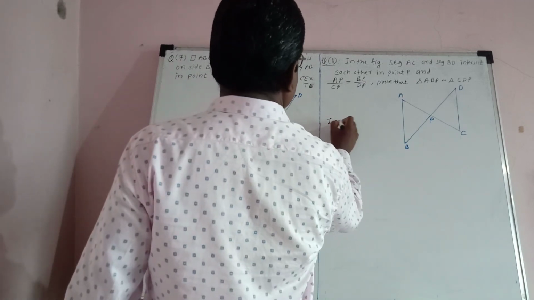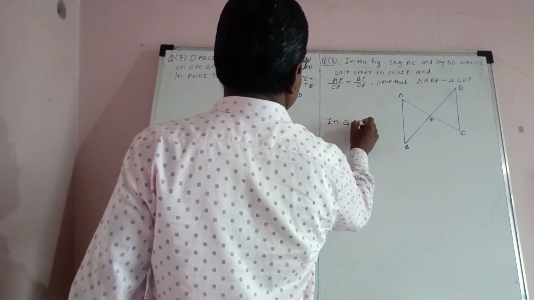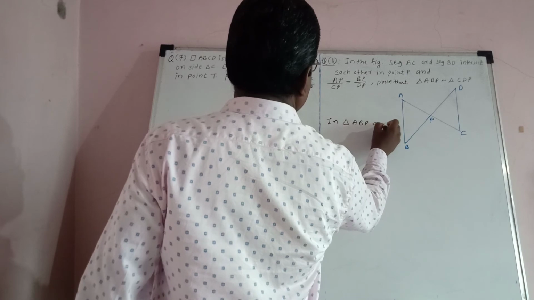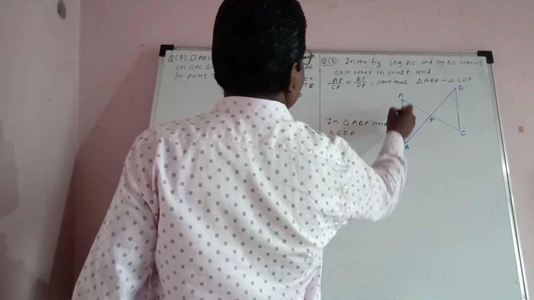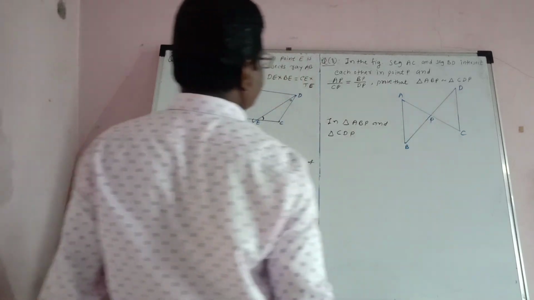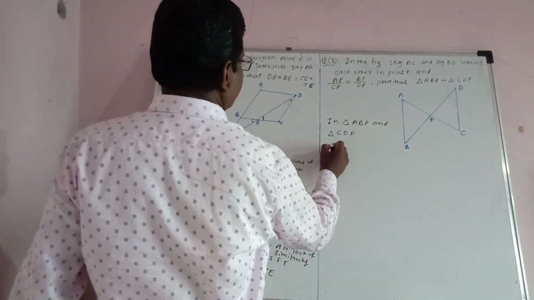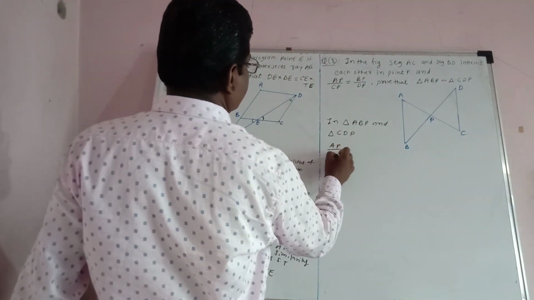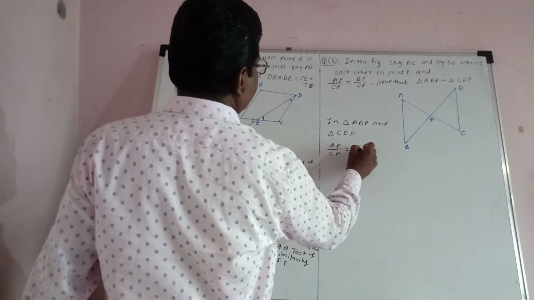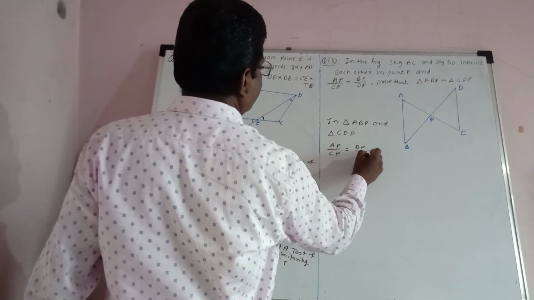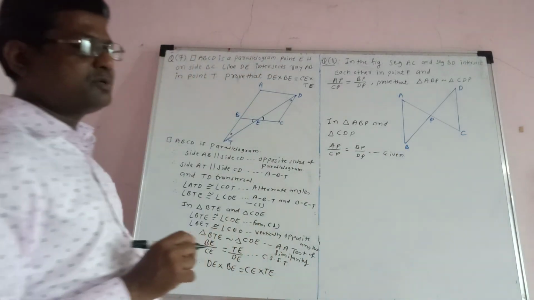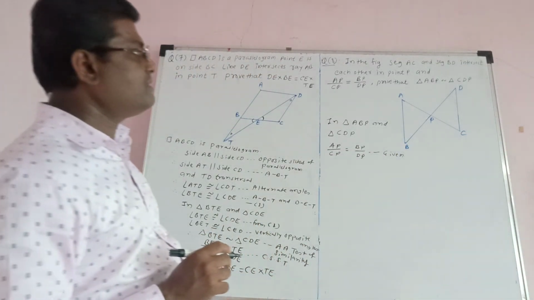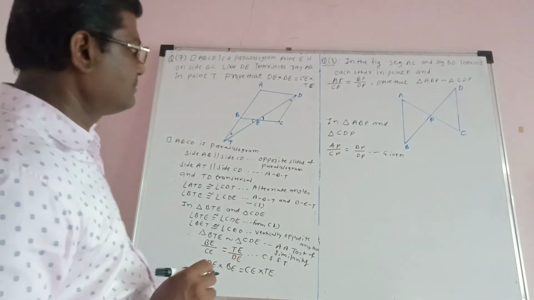Now in triangle ABP and triangle CDP, AP upon CP is equal to BP upon DP, which is given. It is a ratio of corresponding sides and it is given.